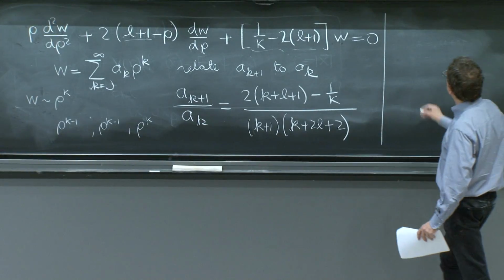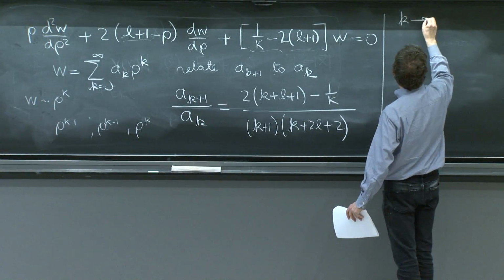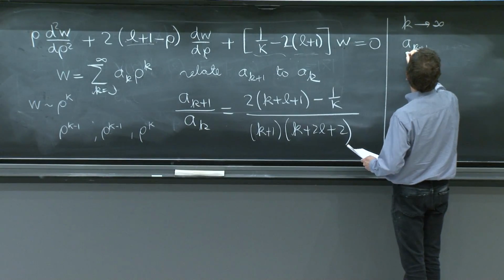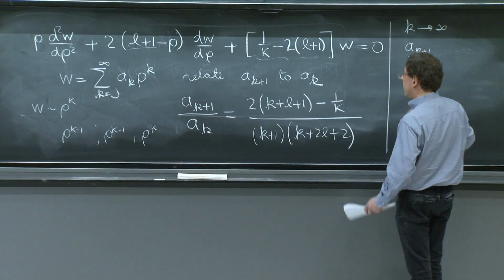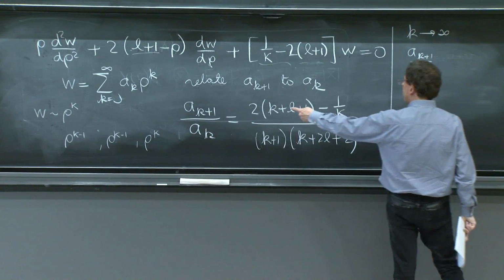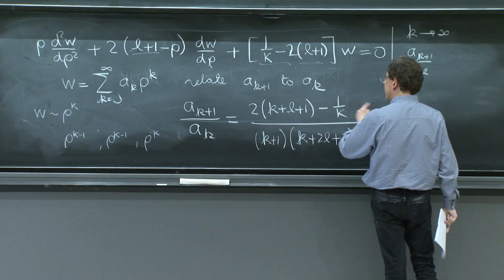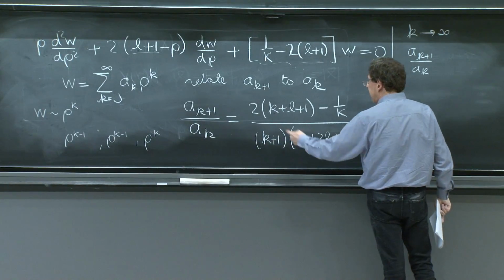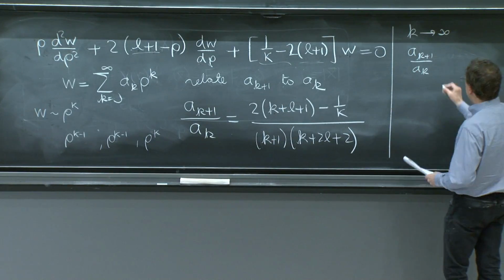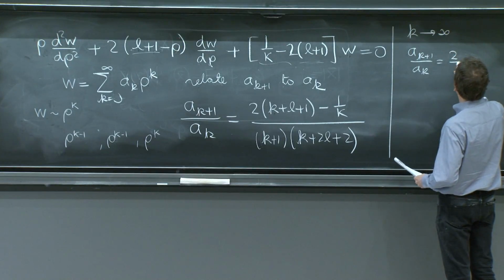So as k goes large, a_{k+1} over a_k goes like what? Well, you have a k that is becoming large, and everything else doesn't matter. There's a k and a k, so there's going to be some cancellation. And this looks like roughly 2 over k.